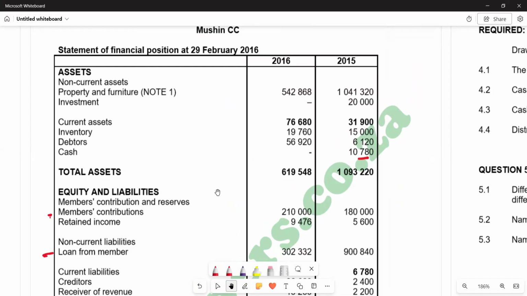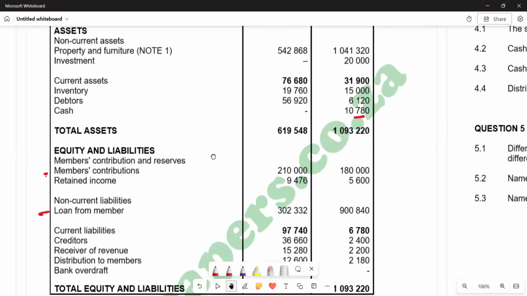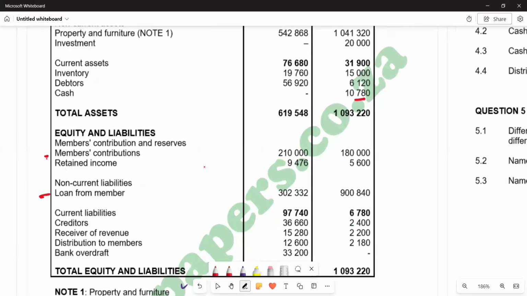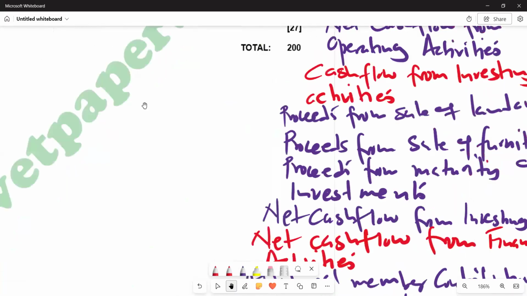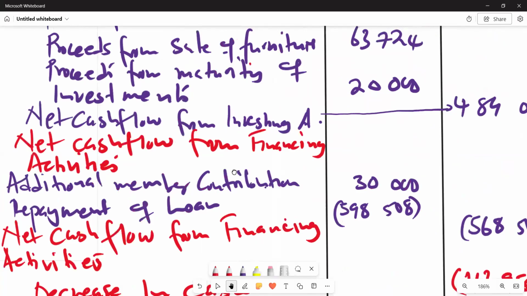And we see that we don't have any overdraft here at the beginning, which is in this column. We don't have any overdraft. So we've got 10,780 as a positive, which we are going to add to the decrease in cash.